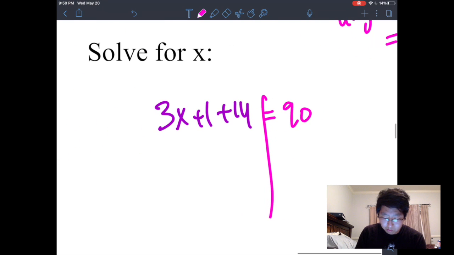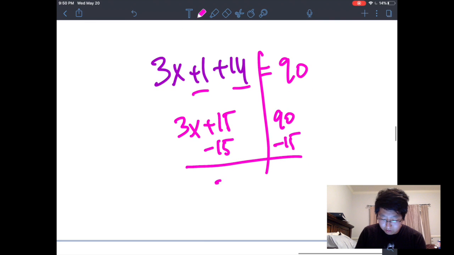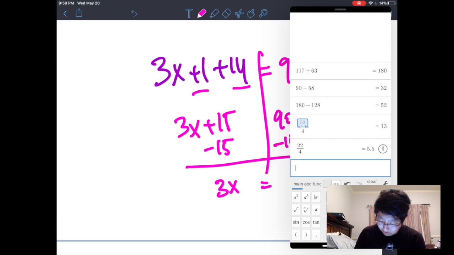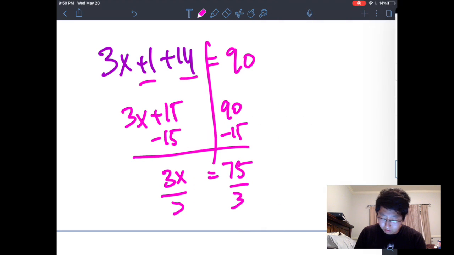Let's combine like terms. 3x plus 15 equals 90. Subtract 15 from both sides. 3x equals 90 minus 15, which is 75, and divide both sides by 3. Think of quarters. X equals 25.